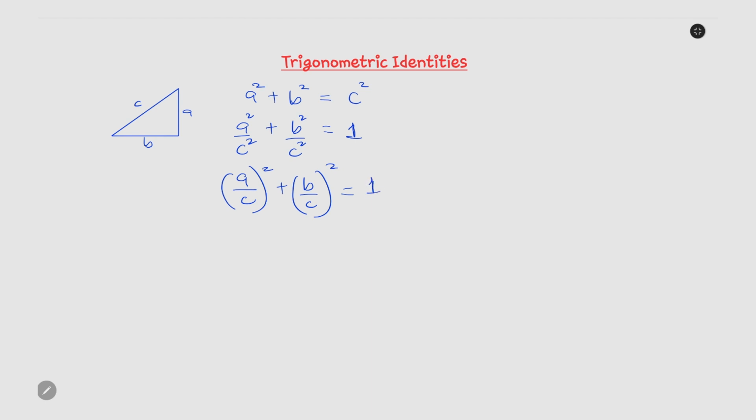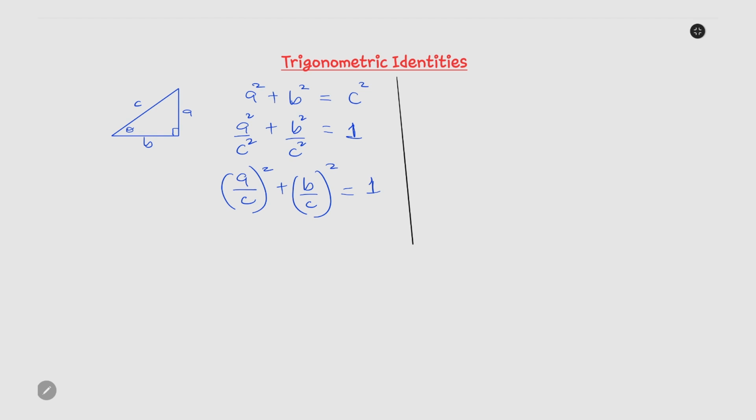So let's hold these. Let's pause it for a moment and go back to trigonometric ratios now. Say this was our theta, remember this is a right angle triangle.